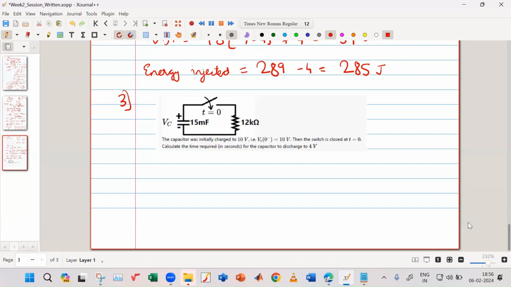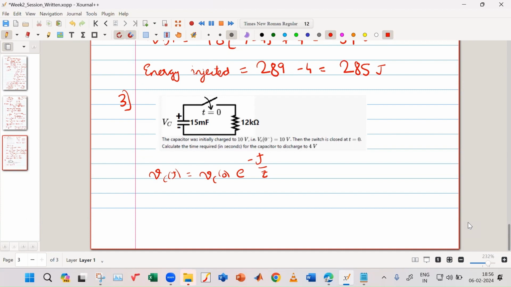VC of t equals E times e to the power minus t by tau. Okay, so this is the discharging equation of the capacitor.